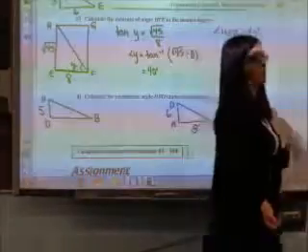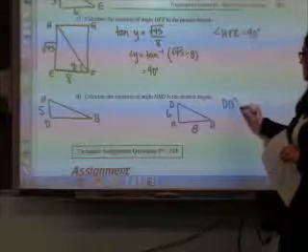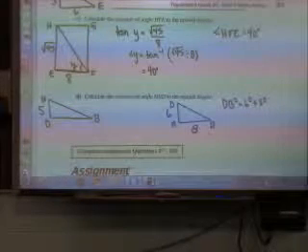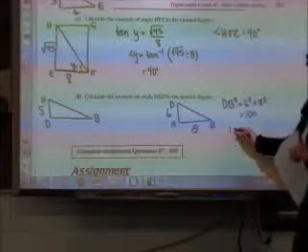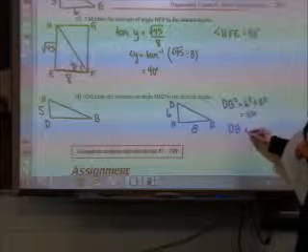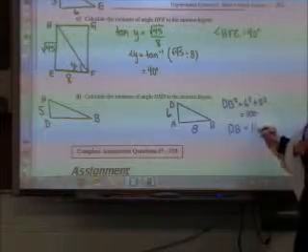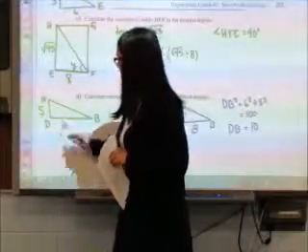So now I can find DB squared. What is 6 squared plus 8 squared? 100. So what would D to B be? The square root of 100 is 10. Thank you. Now I can put 10 in here.